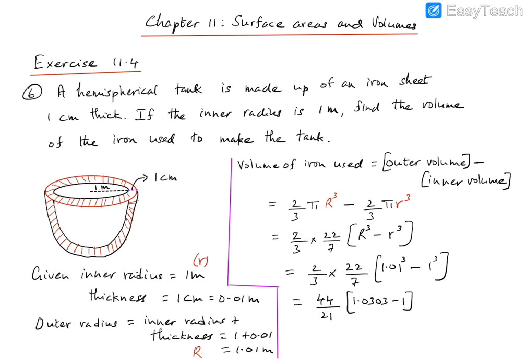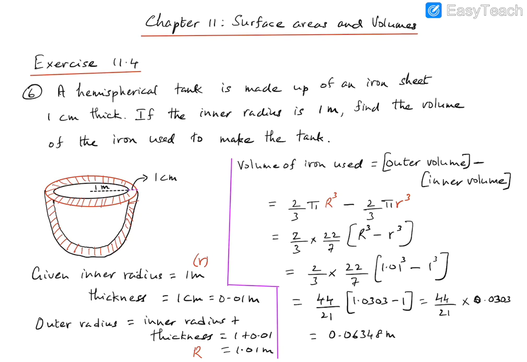So we'll have this as 44 by 21 into 0.0303. Once we multiply these numbers, we will get the desired volume for the iron used in making this hemispherical tank, which happens to be 0.06348 meter cube.